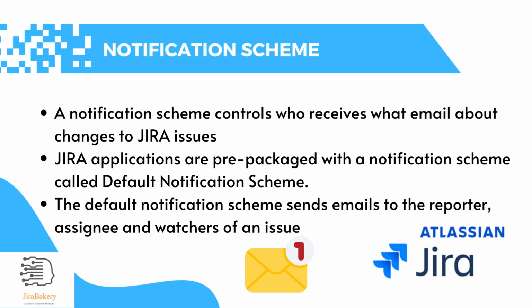It will send notifications or emails to the reporter who reports the issue, the assignee who is working on the issue, and also the watchers. For example, if we include some people in that particular issue, those people also will receive the notifications. We can customize this notification scheme, but I highly recommend copying it and making a project specific notification scheme before making any changes.